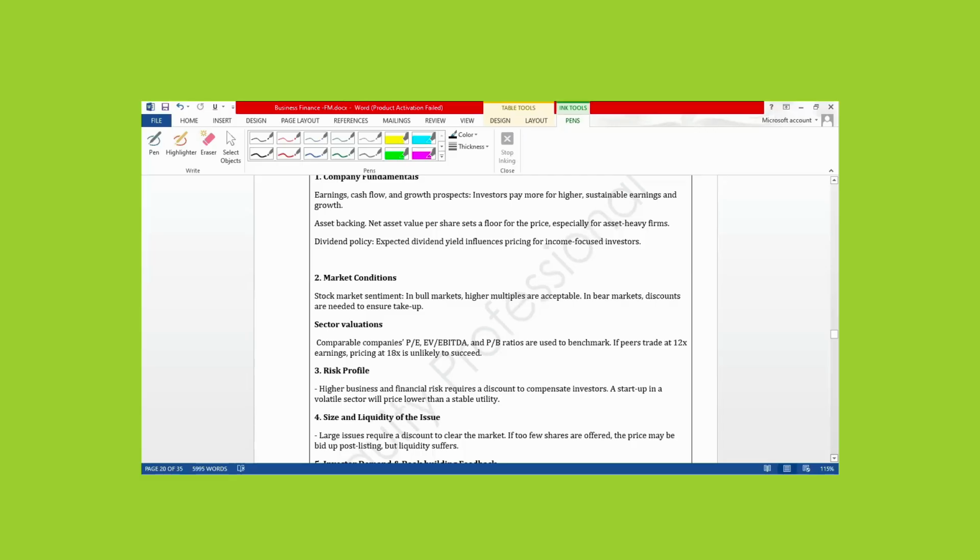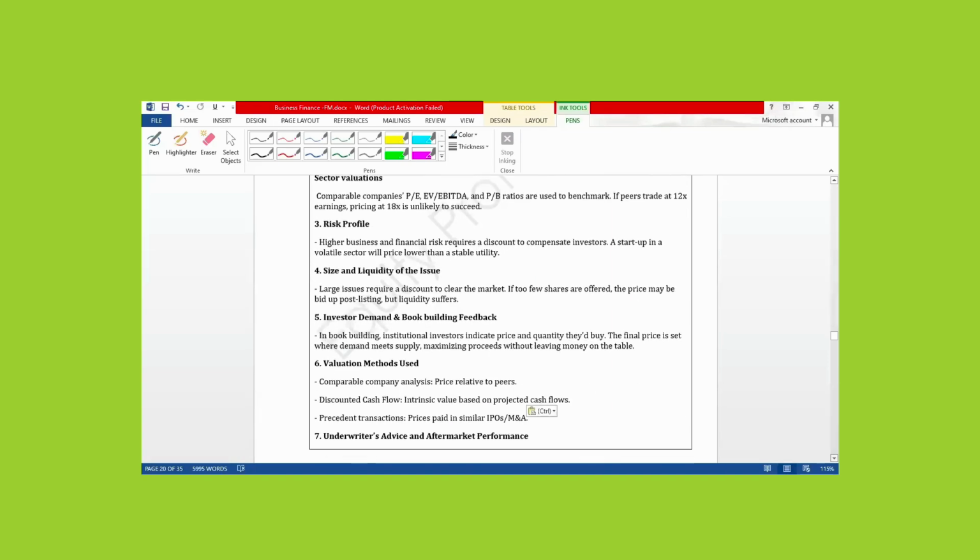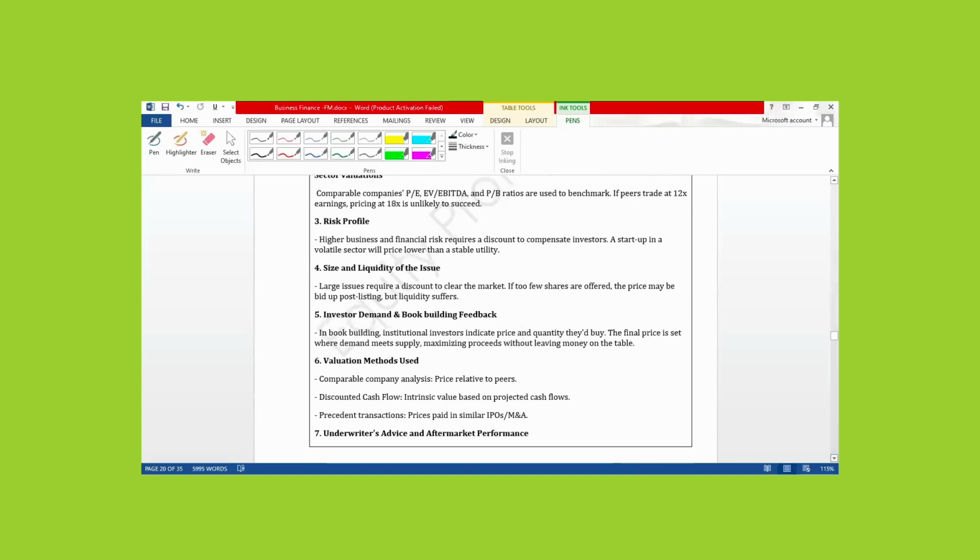If that company's earnings is highly volatile, number 4, size and liquidity of the issue.